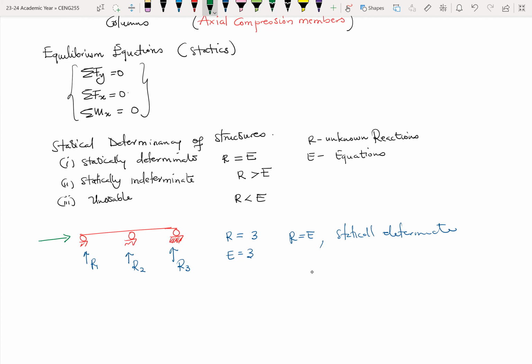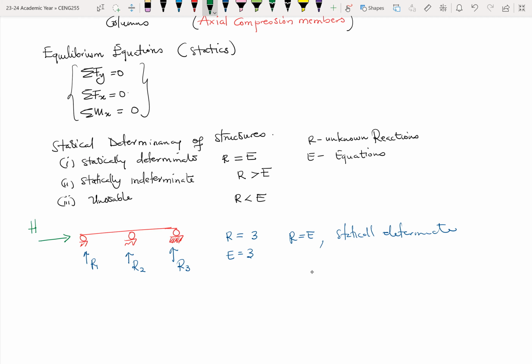None of the supports has any resistance against horizontal motion, which means that, assuming it's a plank or board on some balls or bearings, once I apply the horizontal load H, the board will just slide off the balls. And once it slides off, your structure has failed.